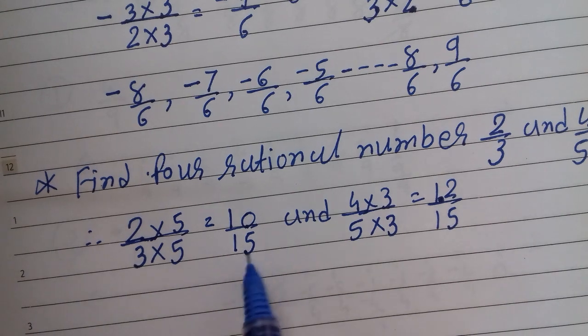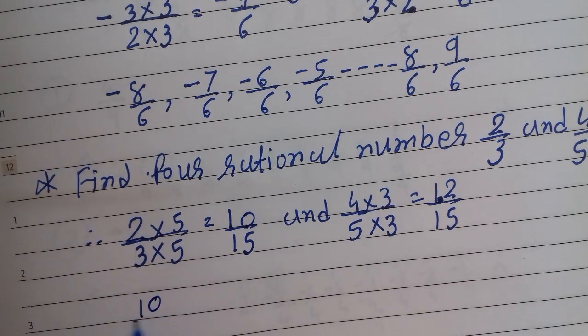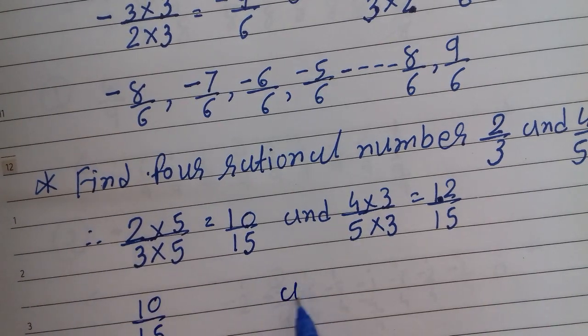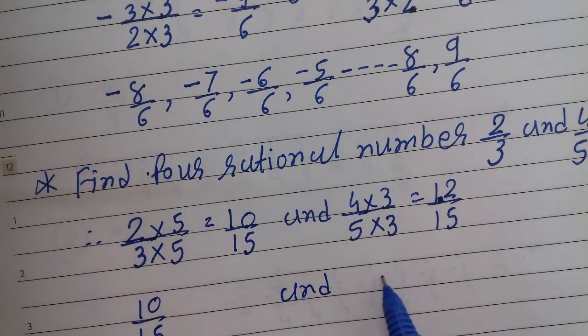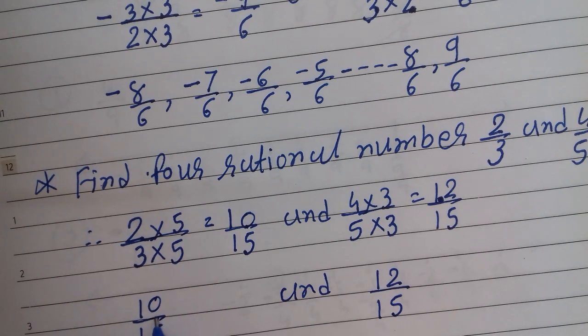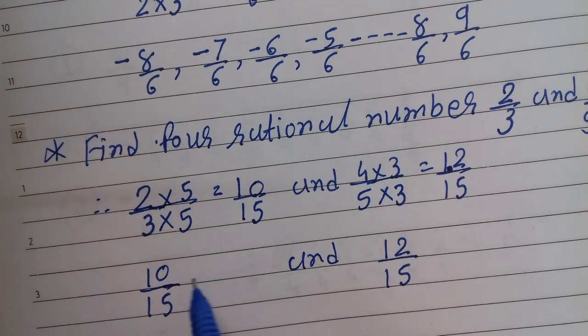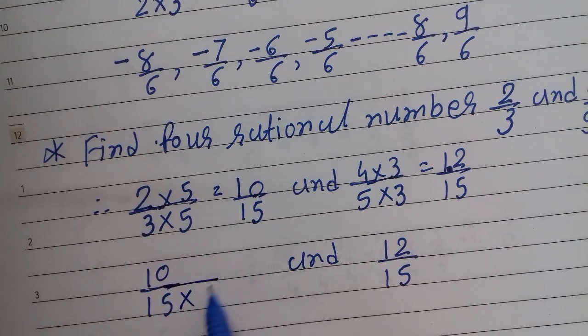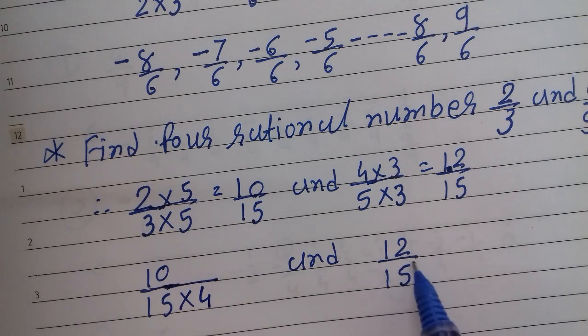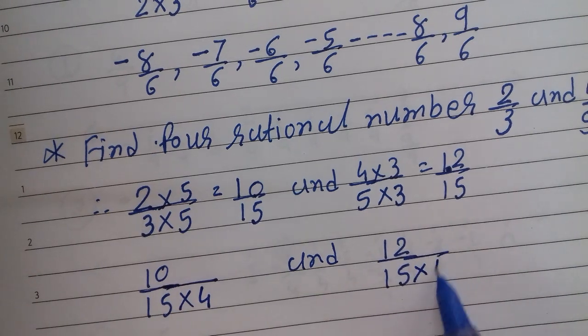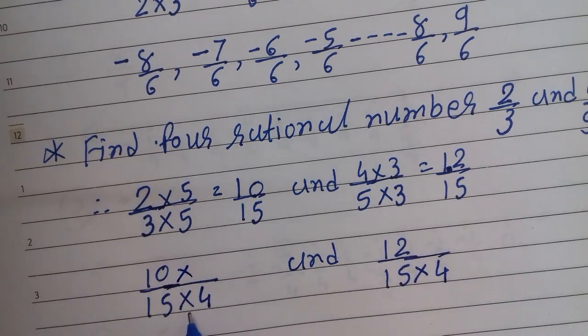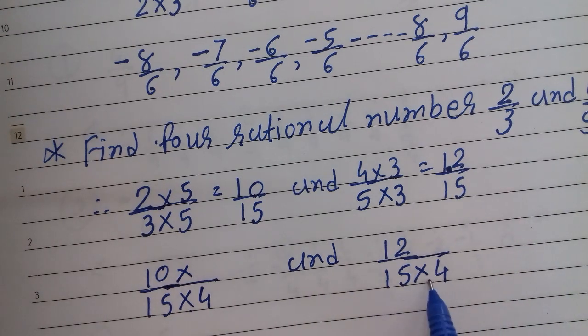So now we take 10/15 and 12/15, and multiply the denominator by any number. Suppose we multiply 15 by 4, here also 15 by 4, because the denominators should be equal.